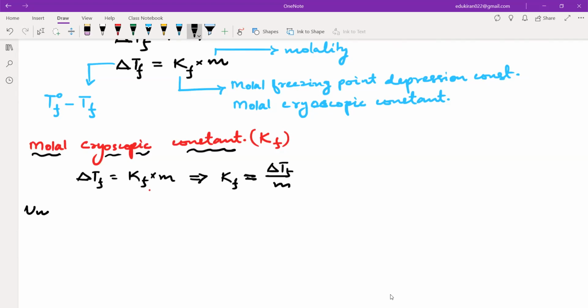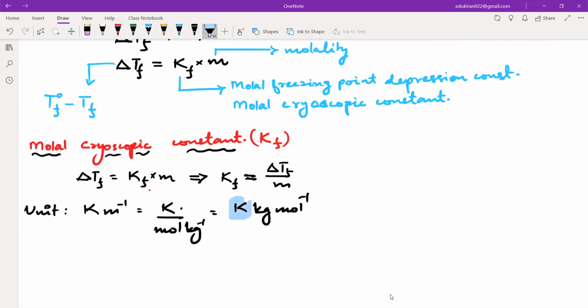And that is why the unit of Kf will be Kelvin divided by molality, which is Kelvin divided by mole per kg, which equals Kelvin kg per mole.